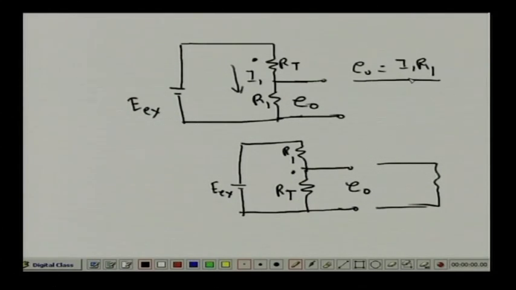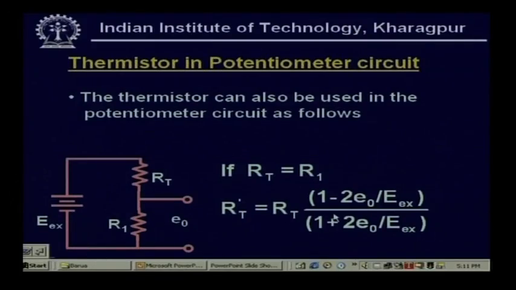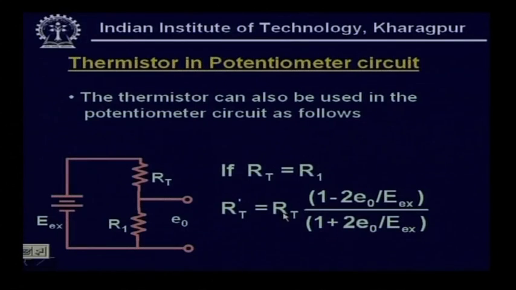So, as the temperature increases, E naught will increase, because this current will increase, because this has fallen down, right. So, that is the reason we have got the expression RT dash equal to RT times (1 minus 2 E naught upon Ex, the excitation) upon (1 plus 2 E naught by Ex), right. This is one of the circuits.